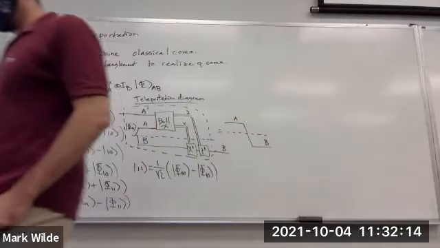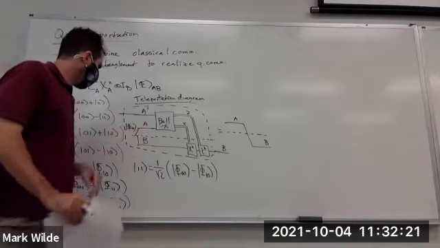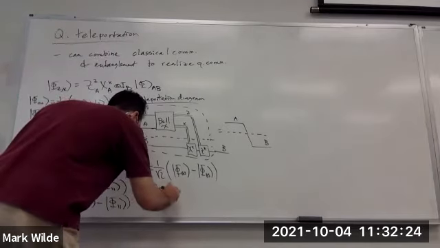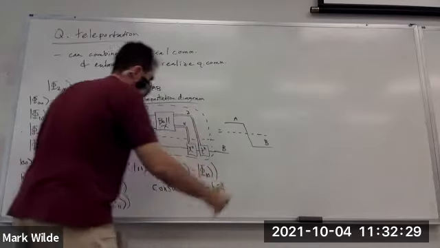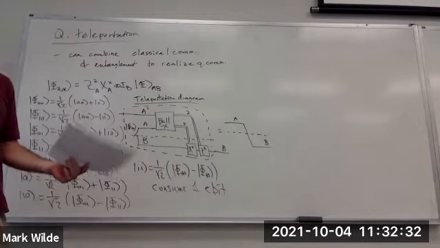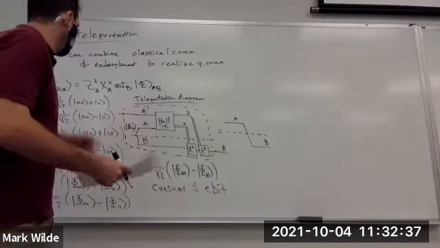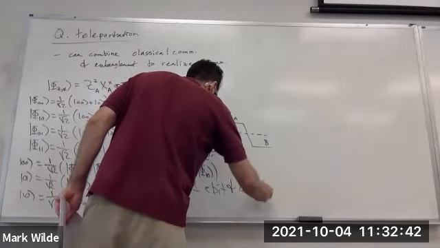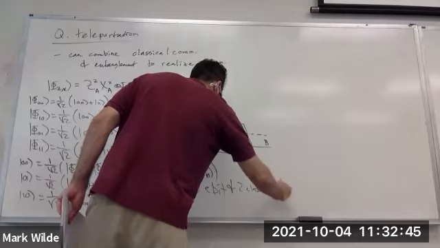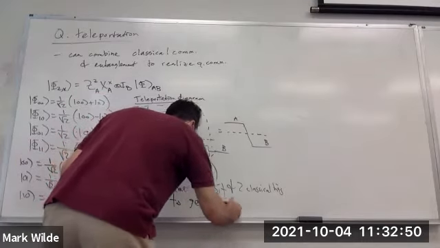Okay? And in quantum information theory, we're interested in counting resources. So what are the resources consumed in this protocol? We consume 1 EBIT. That's also like an entangled state, 1 Bell pair, 1 EPR pair, whatever you want to call it. And 2 classical bits. Generate 1 qubit.